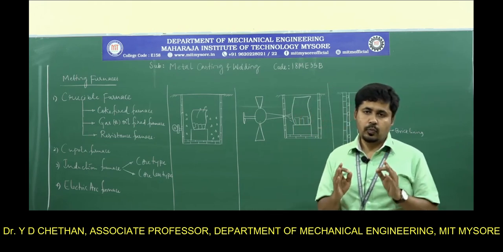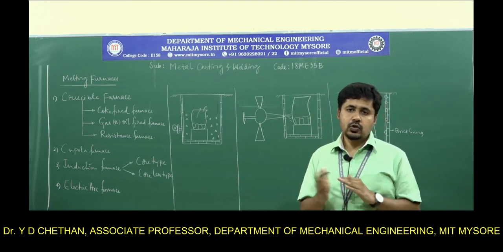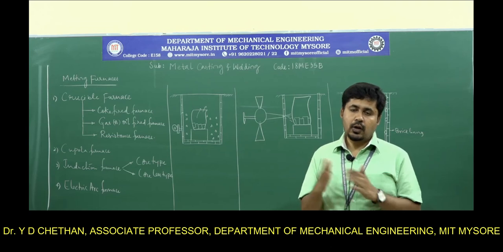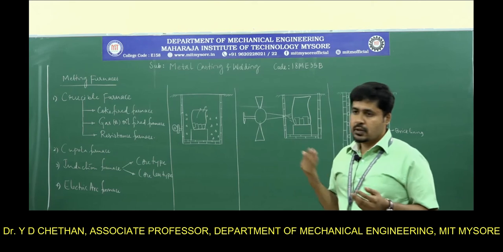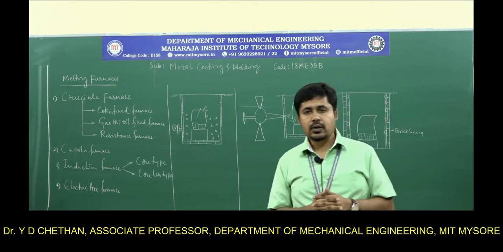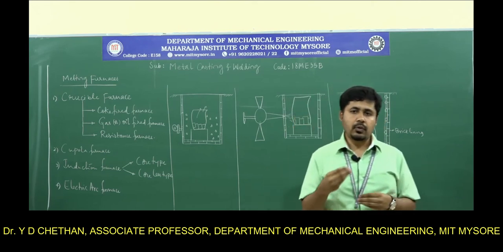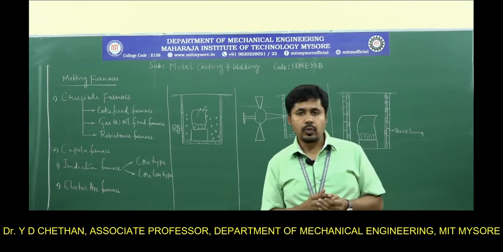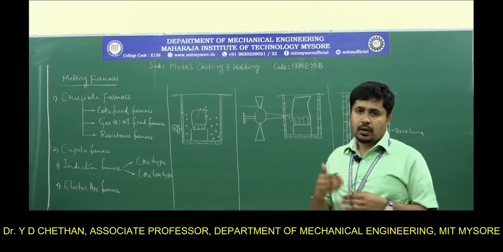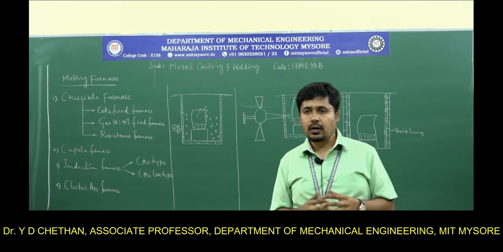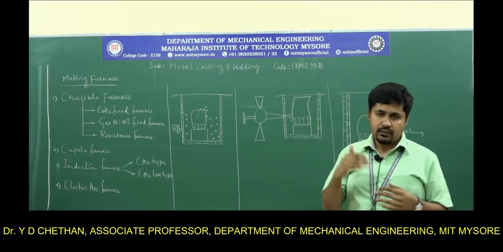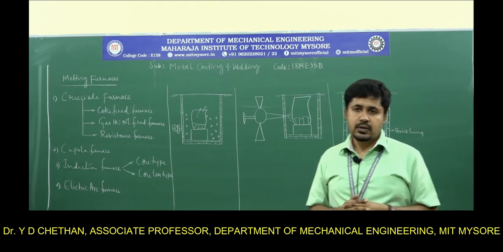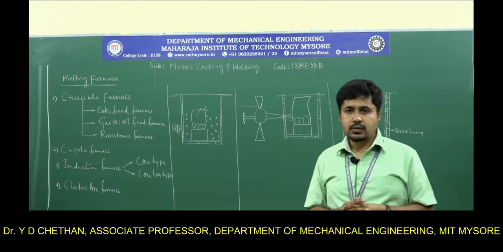Here we have considered different parameters while selecting furnaces, that is the type of metals or alloys to be melted, the capacity of the furnace, and other parameters while classifying the melting furnaces particularly for the casting process.